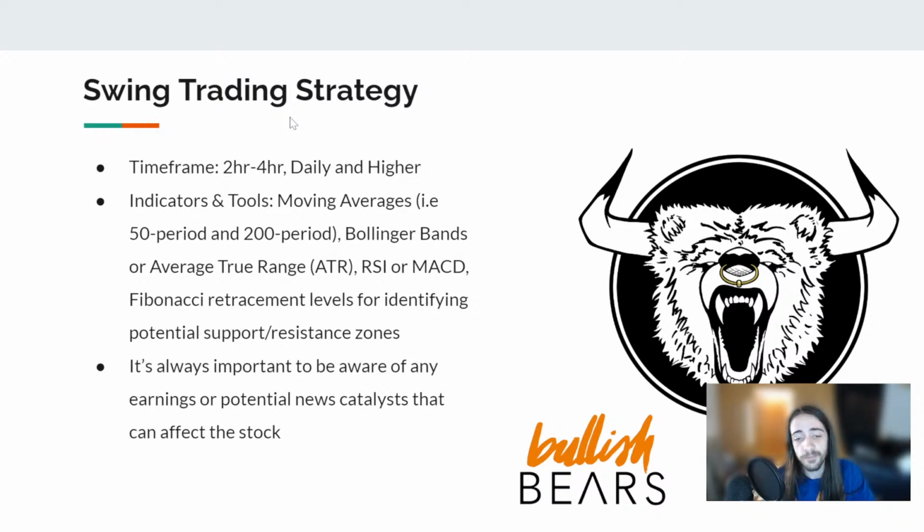And it's always important to be aware of any earnings or potential news catalysts that can affect the stock we are trading. So again, guys, just like in day trading and scalping, we want to be aware of intraday news. Earnings happen after hours, either when the market closes after 4, or sometimes we get earnings in the morning before the 9:30 bell.